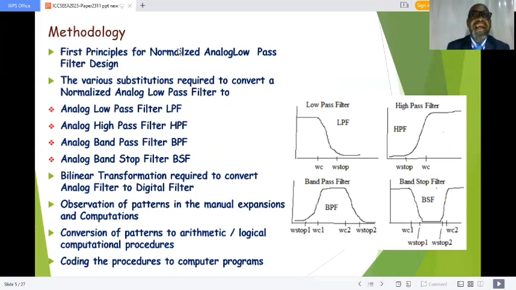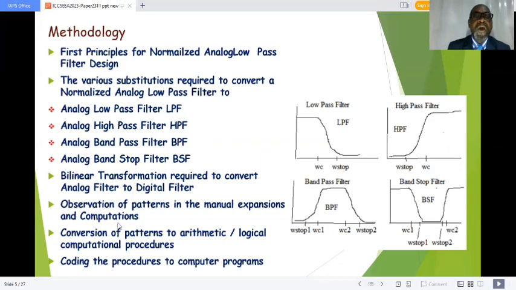From this filter, we can get other filters, like the analog low-pass filter, LPF, analog high-pass filter, HPF, analog band-pass filter, BPF, analog band-stop filter, BSF. From this analog filter, we can go to a digital filter using a bilinear transformation.